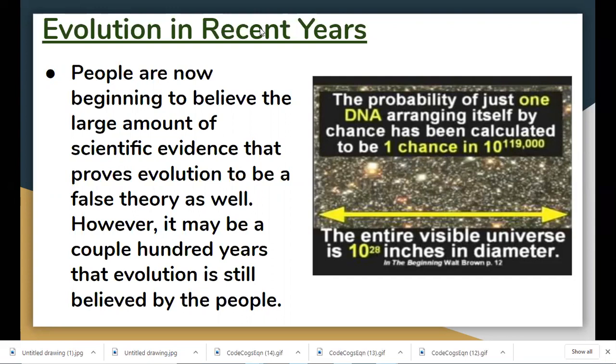That is the chance that one DNA could arrange itself. The entire visible universe is 10 to the 28th inches in diameter. So the chance of the DNA arranging itself is even bigger than the universe itself.